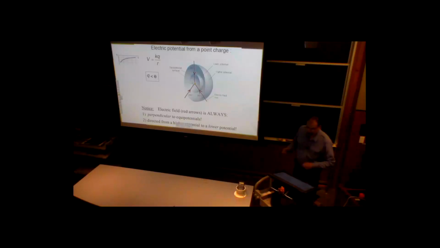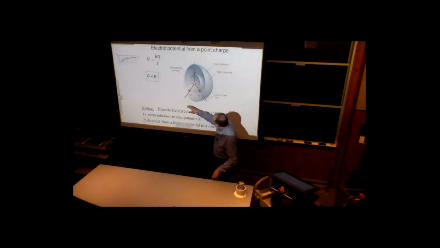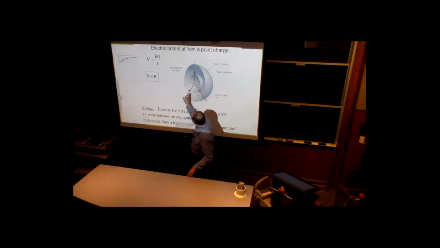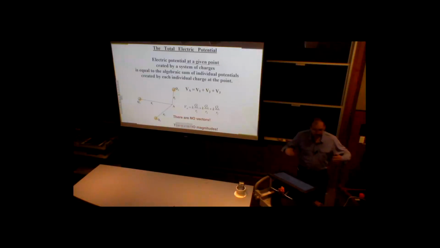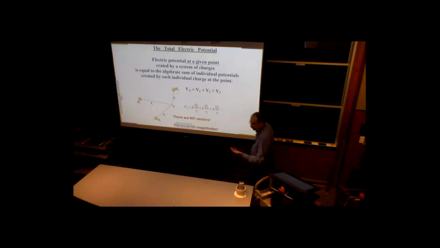For a negative charge, we also have spheres as equipotentials, but with negative potential. And again, we can see that the electric field points from high to low and perpendicular to equipotentials. And we can extend this knowledge to many charges. What if we have several charges? Well, it's very simple.